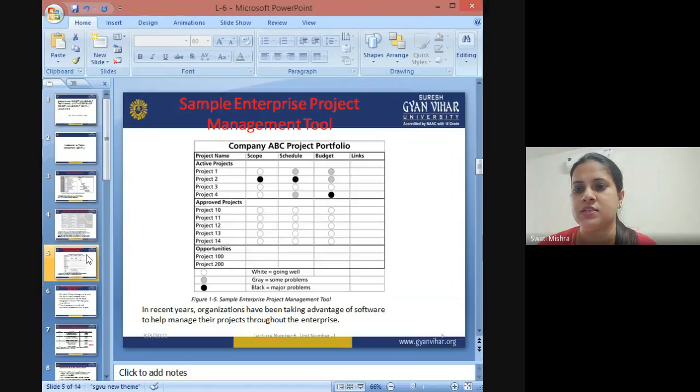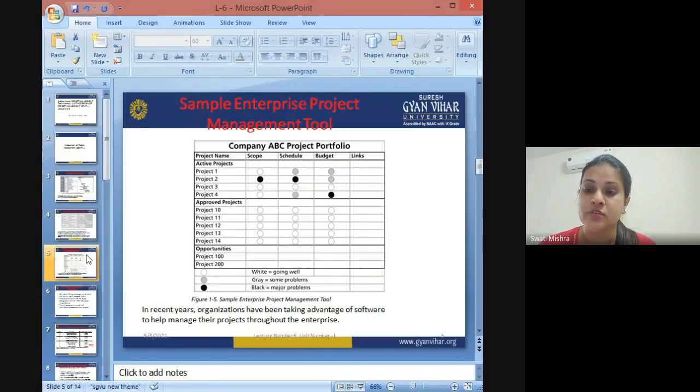Now, this is a sample of an Enterprise Project Management tool, EPM, and this is showing a project portfolio of a company named ABC, where it is showing multiple projects that are undergoing under this company. There are some active projects, project 1, 2, 3, and 4.